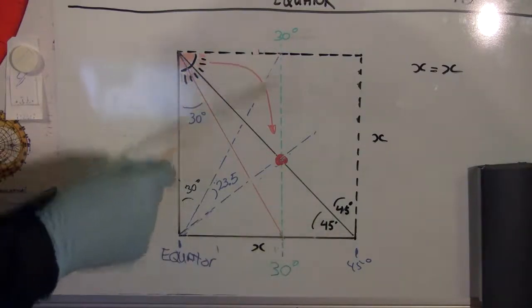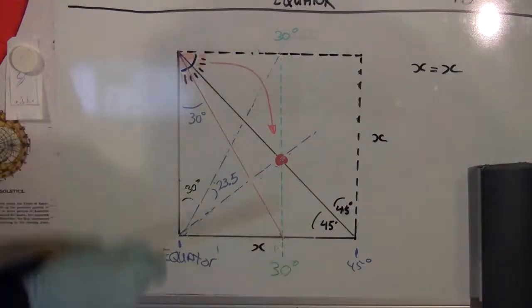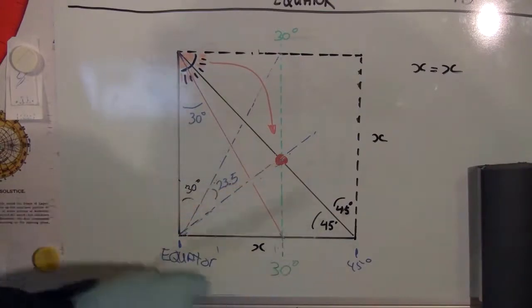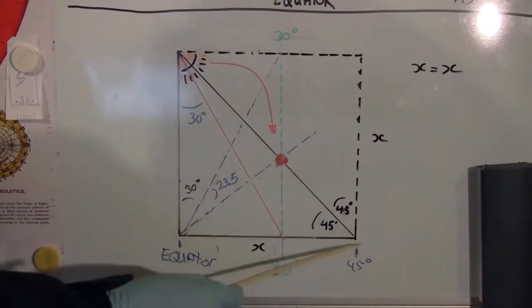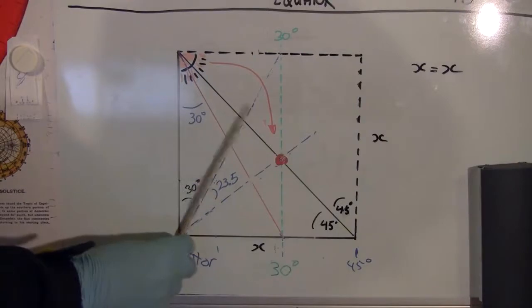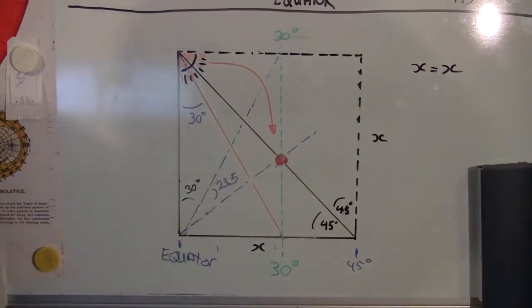When the Sun moves to the 30 degrees, Tropic of Cancer or Capricorn, it will reach to 45 degrees, and you're still looking straight at the Sun, like the Gleason's map showed us. And if you measure this angle, it will measure 23.5 degrees.